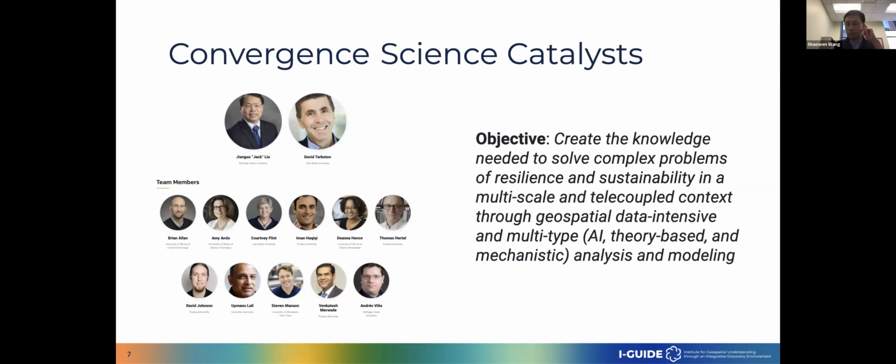To start with the convergence science catalyst, our objective is to create the knowledge needed to solve complex problems of resilience and sustainability in a multi-scale and telecoupled context through geospatial data-intensive or multi-type analysis and modeling, including AI, theory-based and mechanistic approaches.